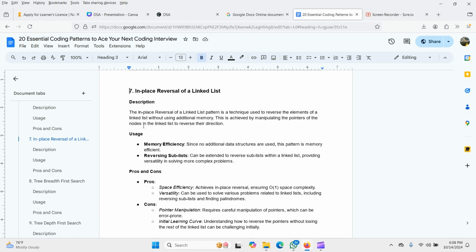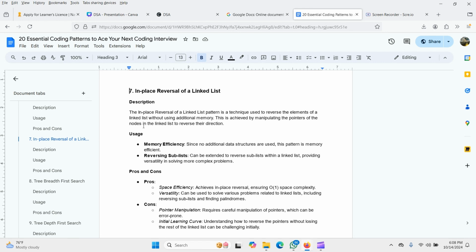Next, what are the advantages and disadvantages of it? The first advantage is that it achieves in-place reversal, which means it ensures O(1) space complexity. What is the versatility of this approach? It can be used to solve various problems related to linked lists, including reversing a sublist and finding palindromes.